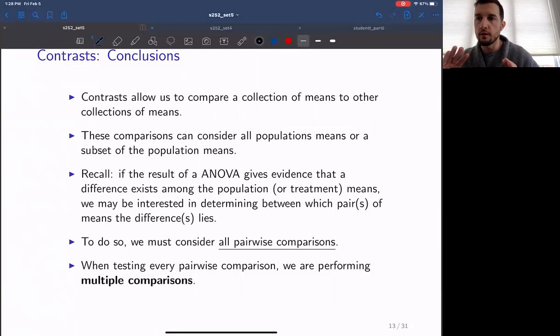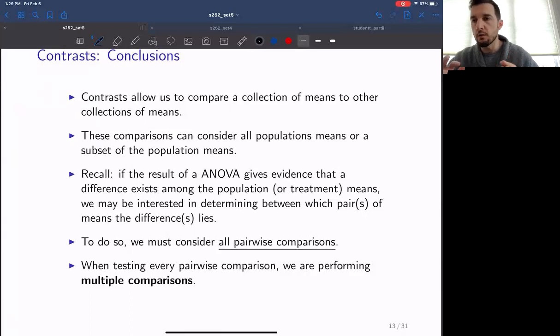The ANOVA null hypothesis could be rejected if mu1 and mu2 were significantly different from each other, or if say mu2 and mu4 were significantly different from each other. You could have, within the context of rejection of the null, all possible pairwise combinations being different, or you could have just one pair of means being different.